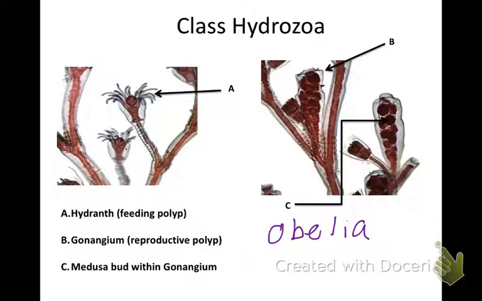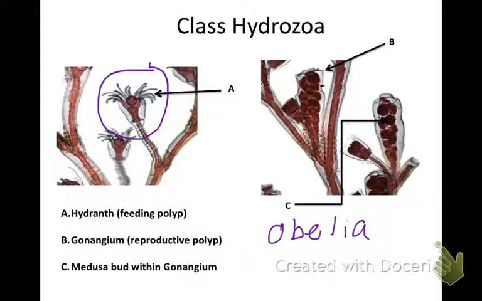Obelia is a colony of polyps, and there are two different kinds of polyps. So we can have a polyp that is a feeding polyp, such as here, which is a mouth rimmed by a number of tentacles that will capture prey, and is commonly referred to as a feeding polyp.